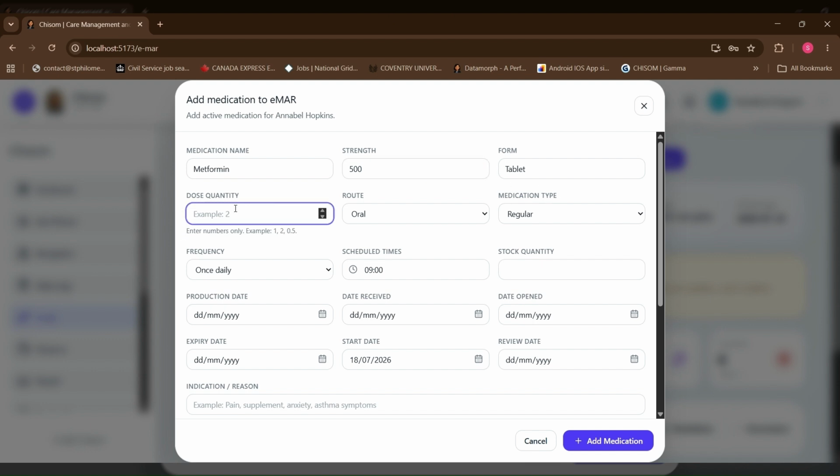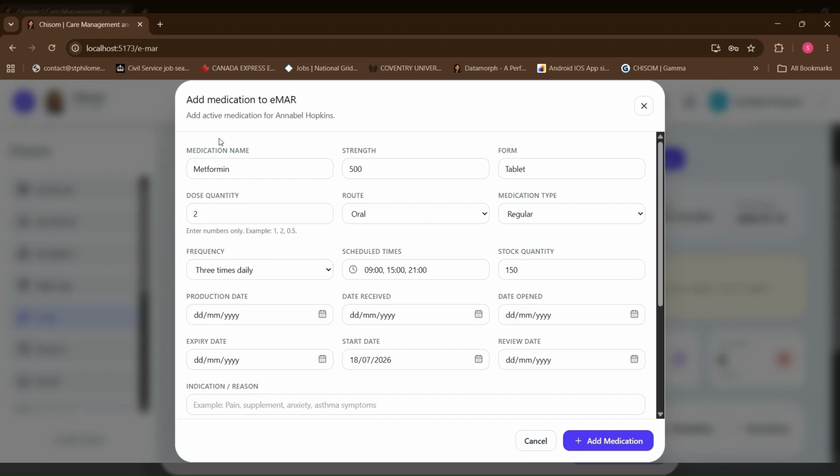Let's say two a day, oral, regular, once daily. You can say three times daily, 9 o'clock, then 3 o'clock, and the last time, let's say 9 o'clock again in the night. So these are the three times I should be taking. Then what is the number of stock? I can say 150 tablets in stock.